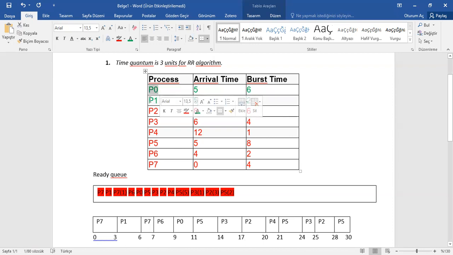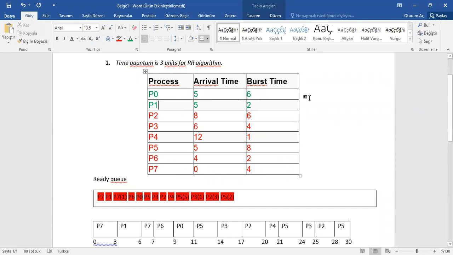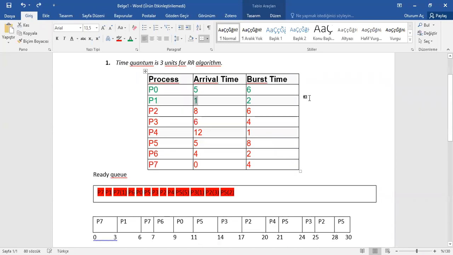It does not make so much difference because it does not cause starvation even if the first one has more burst time, because it is always switching between the processes. We have a time quantum. So just order them according to the process ID. Okay, thank you, sir.